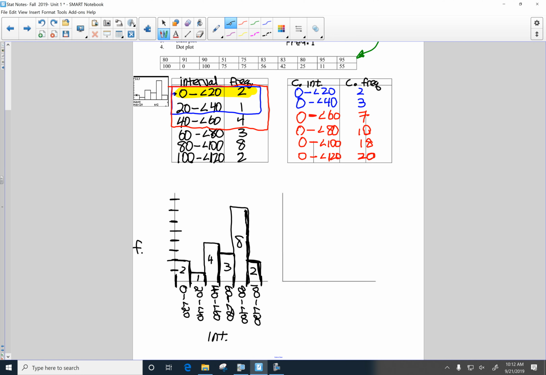All right, so the same number of bins, we're going to write them differently, we're going to label them differently, and the frequencies are going to go higher, but it's going to be the same general structure, same concept. 3, 4, 5, 6. 0 to less than 20. 20 to less than 40. 40 to less than 60. 60 to less than 80. 80 to less than 100. 100 to less than 120.